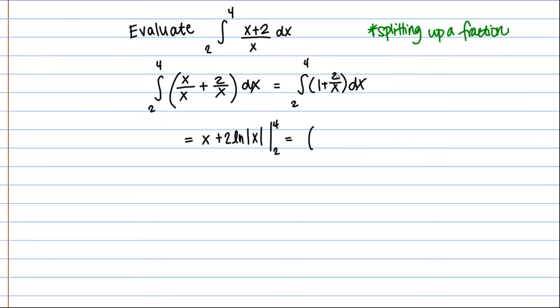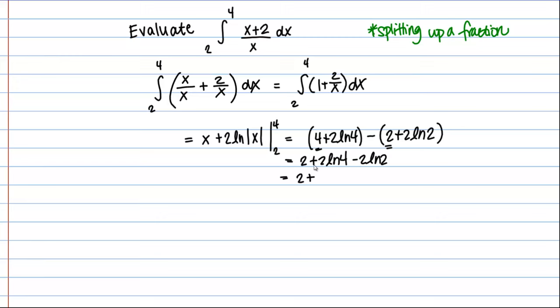If I plug in 4, I get 4 plus 2 natural log of 4, and then minus, in parentheses, 2 plus 2 natural log of 2. So in the end I've got a 4 minus a 2, so 2 plus 2 ln 4 minus 2 ln 2. I can simplify this even a little bit more.